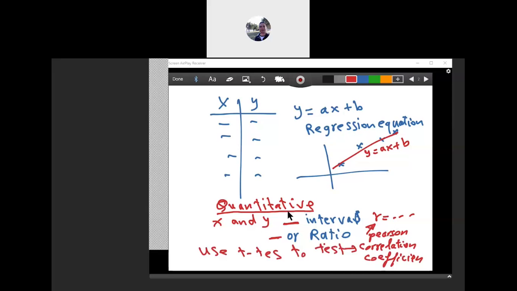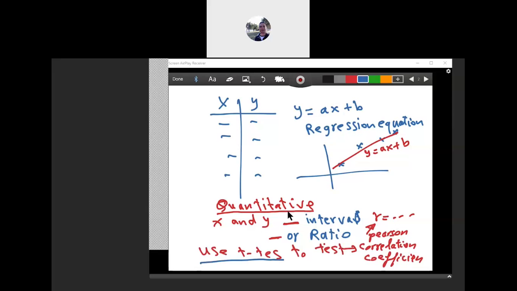Or if x and y are qualitative, ordinal I mean, you go for Spearman. And for both you are going to use the t-test to check this.